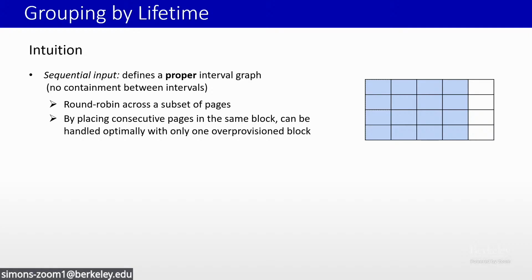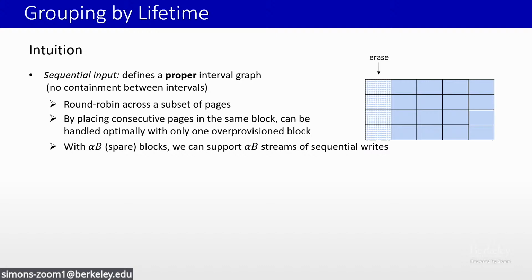If I have a sequential input, which means that it implies a proper interval graph, then all I need is just one buffer, one extra block, and once I erase it, everything is going to move forward.